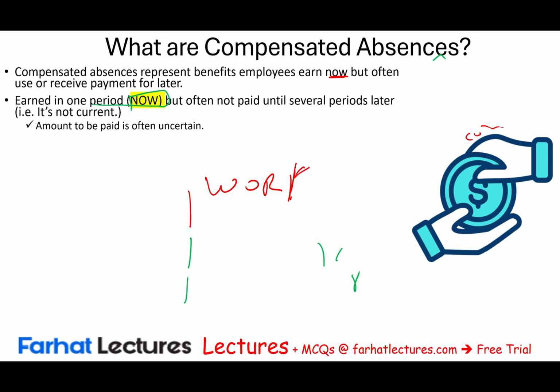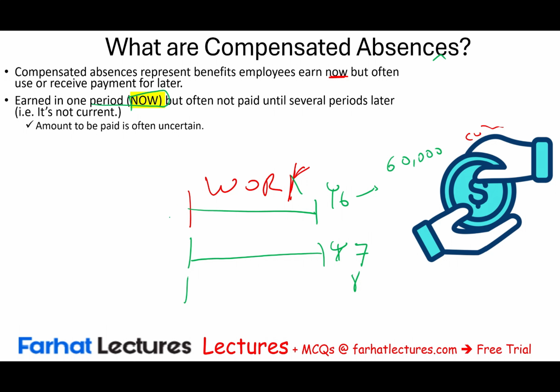Now the amount to be paid is often uncertain. So you might be saying why. Let's go back to this year X6. When you work in year X6, and let's assume for the sake of illustration, you were making $60,000 per year.